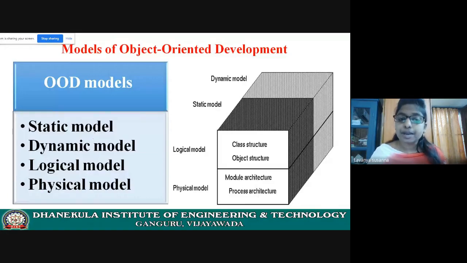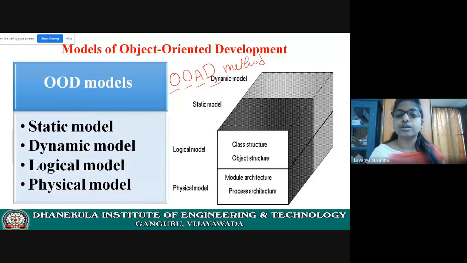But for decomposing a complex system, there is a best method. The best method is OOAD. OOAD means Object Oriented Analysis and Design Method. It is used to decompose the complex system.